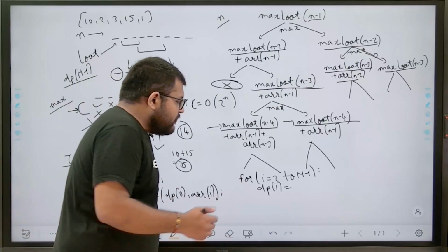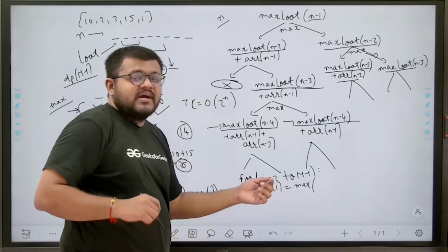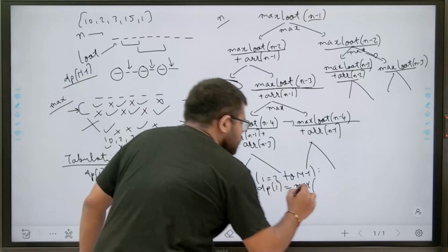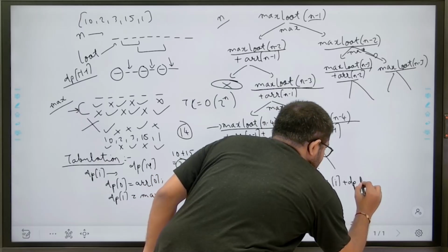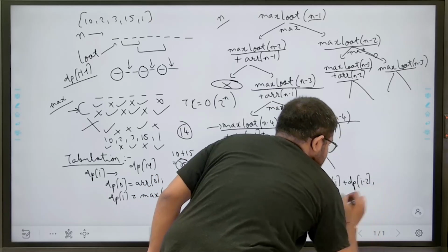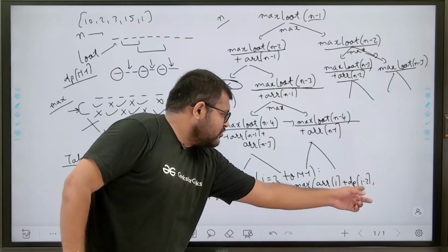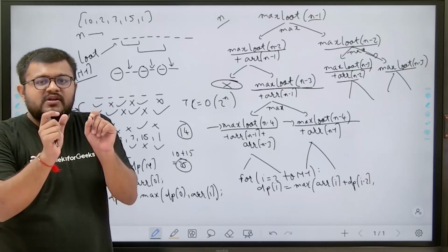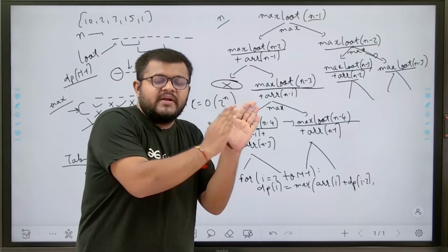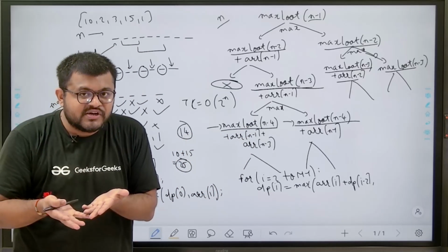So dp of I can say it would be maximum of, either I decide to loot the ith house, so it would be array of I plus dp of I minus 2. Because if I decide to loot the ith house, I cannot take the I minus 1th house, and in dp of I minus 1, which denotes the maximum loot possible from index 0 to index I minus 1, the I minus 1th house may be considered.